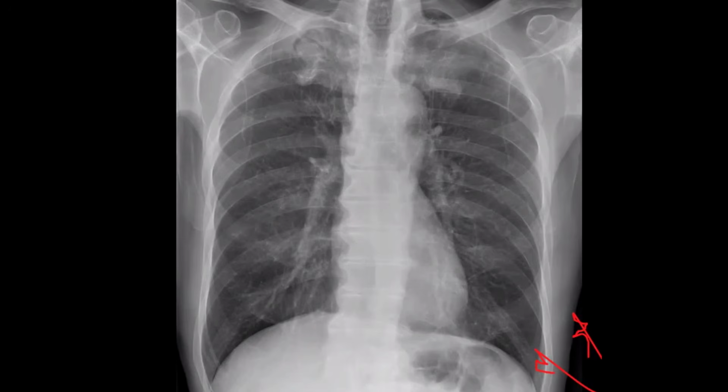Okay, what else? We have some sort of fibrotic changes in the bilateral apical lung zone, and I agree totally. You are right. Do you have something else superadded? I don't see anything else.